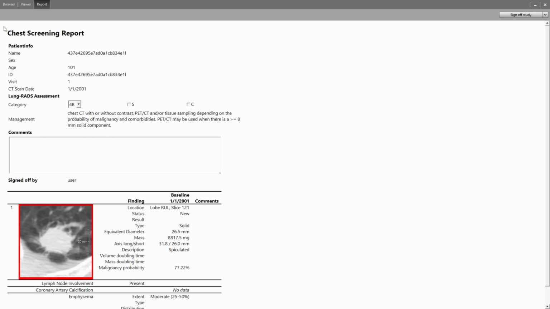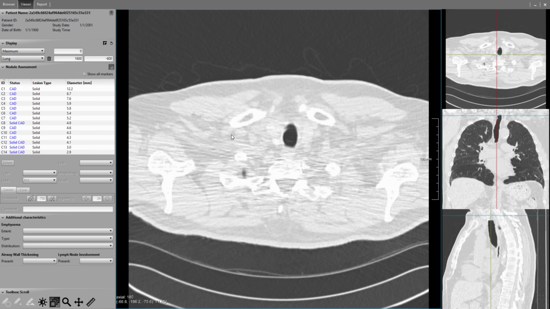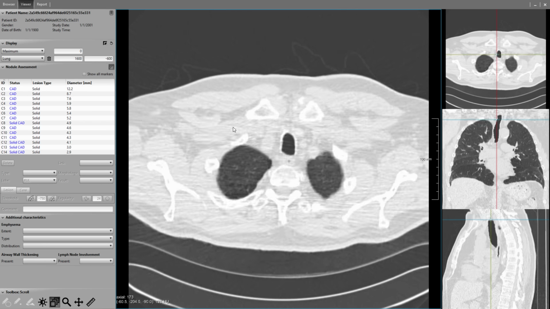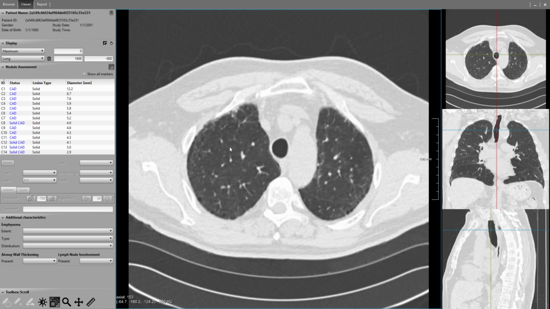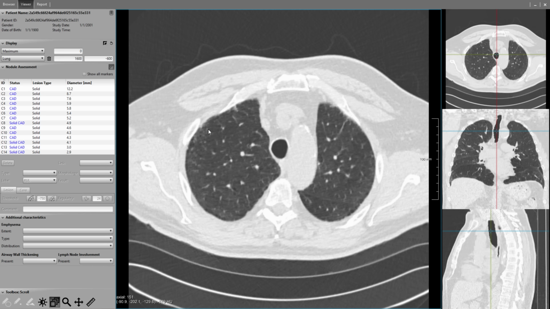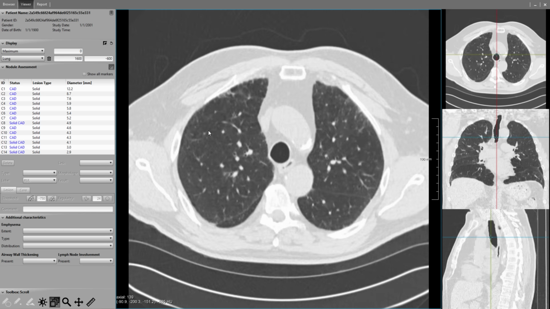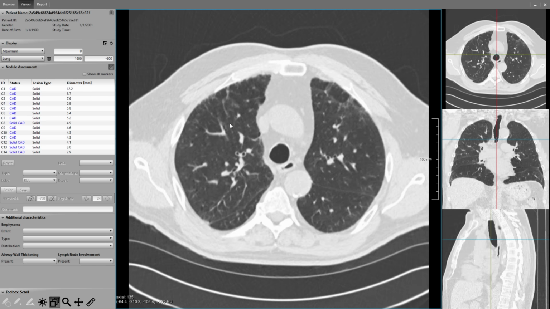So let's open another benign case. This case has a lot of scar marks, a bit of interstitial markings here. It's nothing really serious. Some line-like structures.